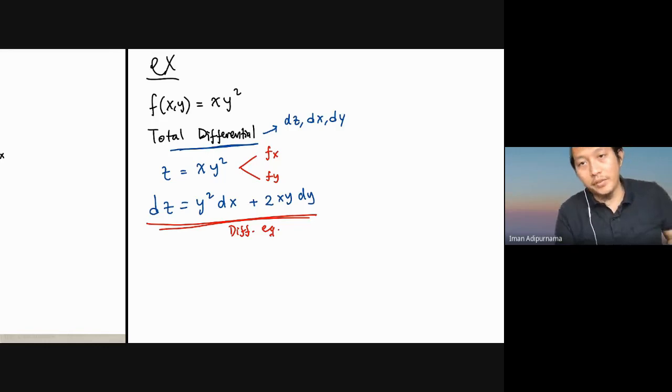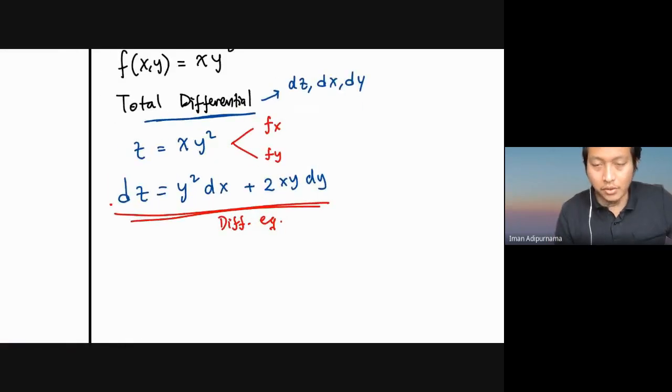Okay. So whenever you heard differentials, maybe in your other lectures, the differentials mean any equation that has d inside, okay? Which means the rate of change in x, in y, in z. You will need this core concept in other lectures as well.